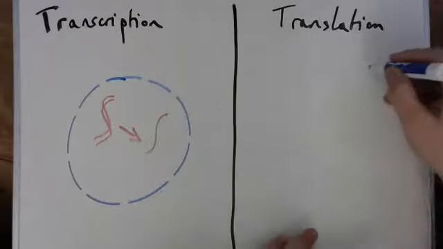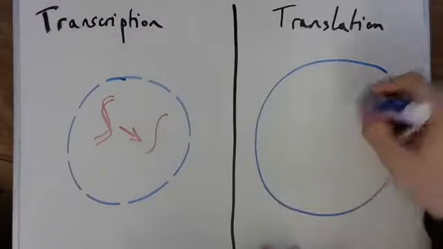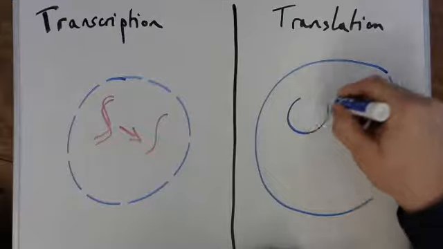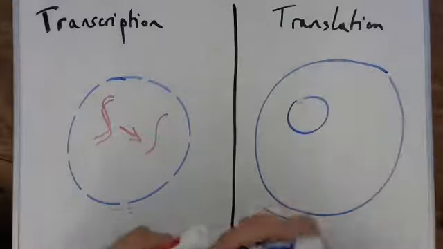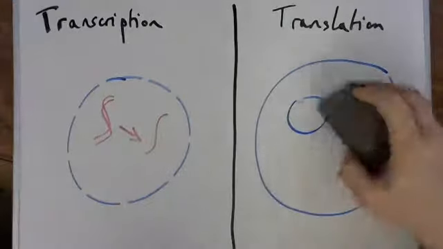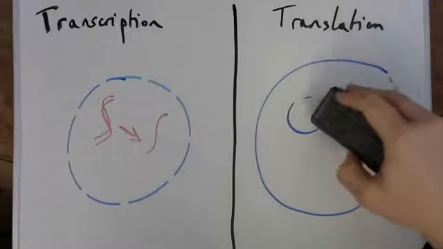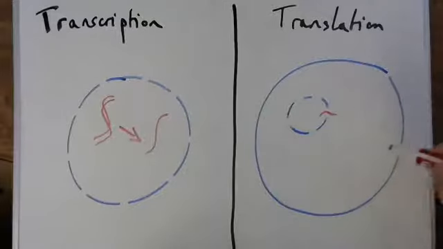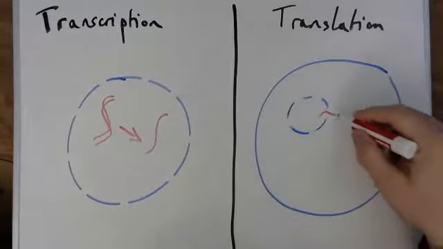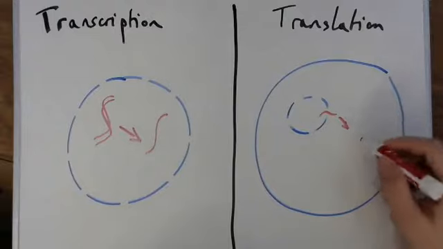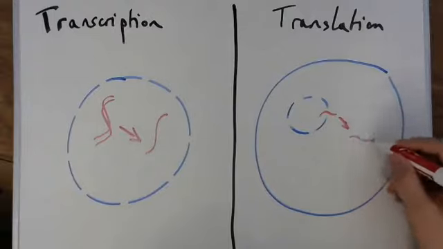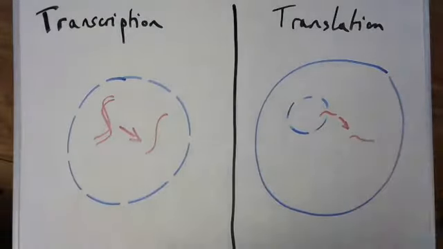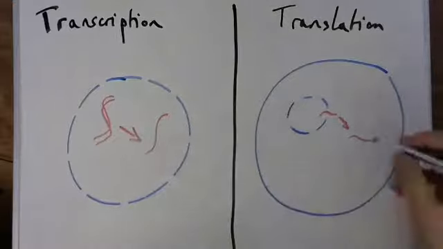Translation, on the other hand, if you make your cell and you make your nucleus here, and we're going to make little openings again, those nucleopores. Once you have your RNA that can leave, right, it's all about getting that RNA to a ribosome that will be able to read the RNA.